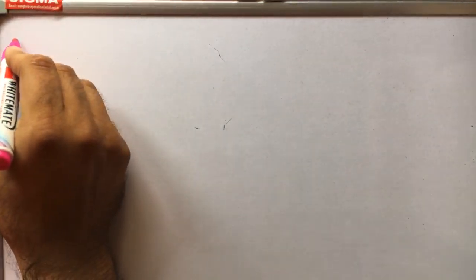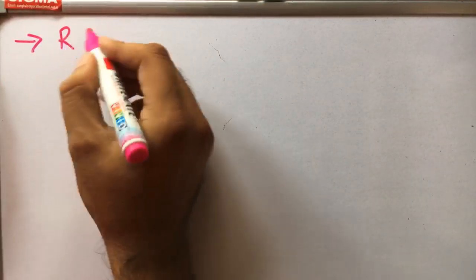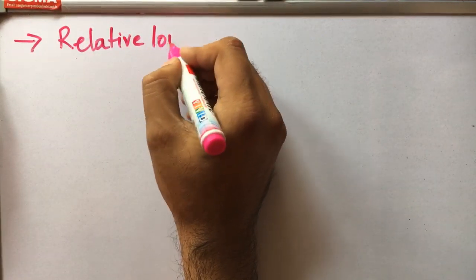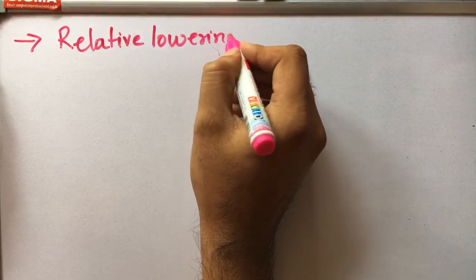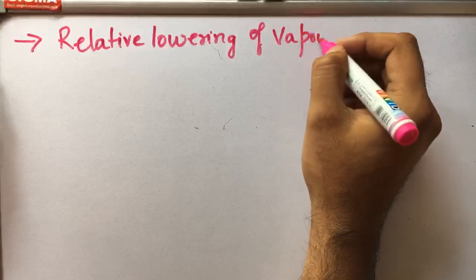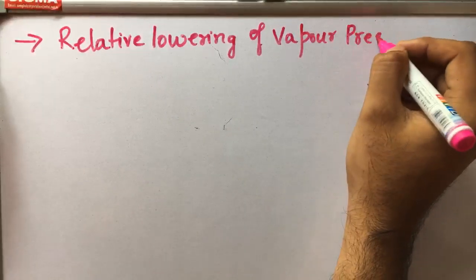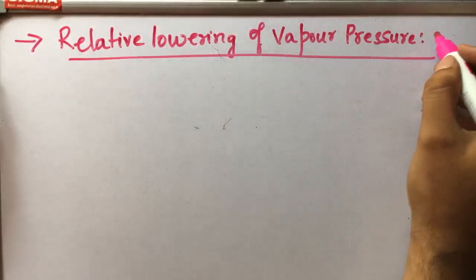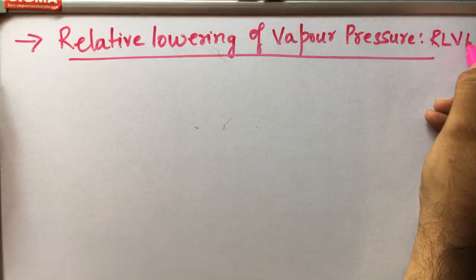Now let me say that we are going to study what is relative lowering of vapor pressure. In short, we will always write it as RLVP.